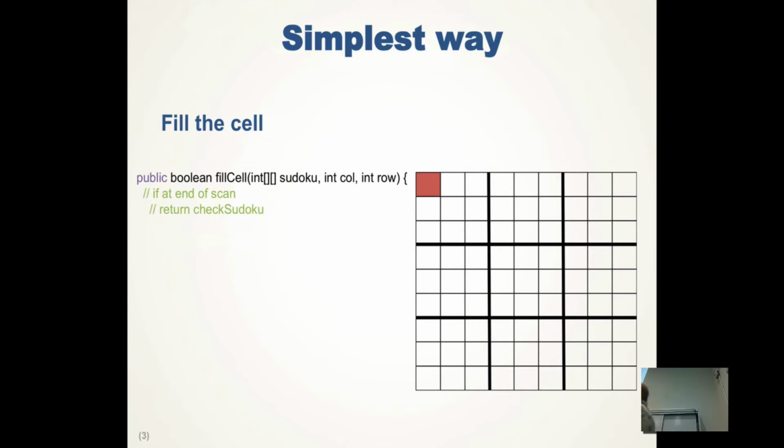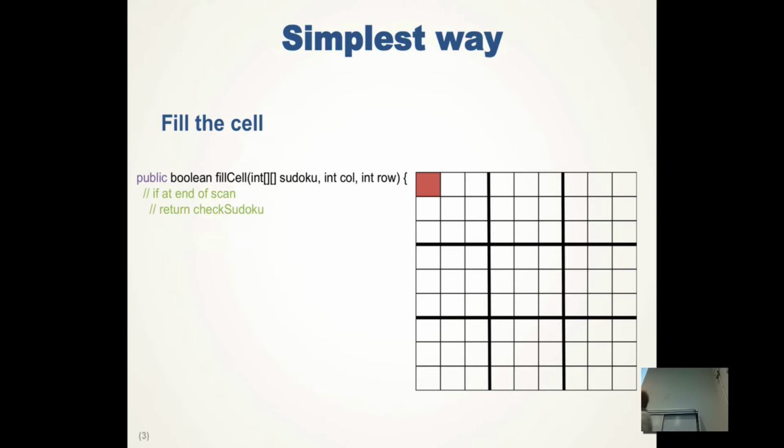So this, I'm just going to give you pseudocode, is a simple way to recursively solve the problem. The solve Sudoku method calls fill cell 0, 0 to start this whole joyous thing off.